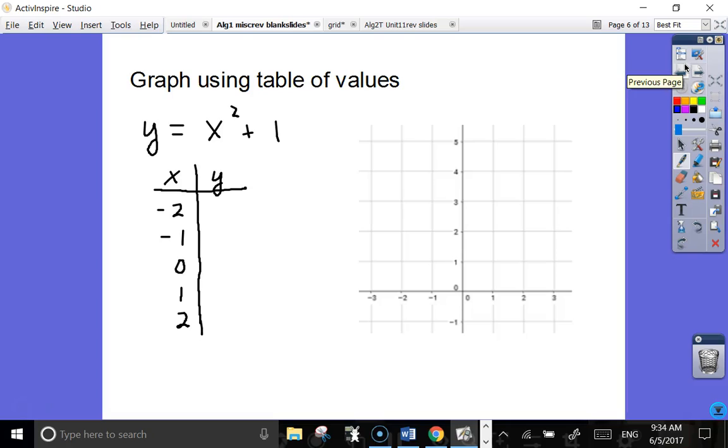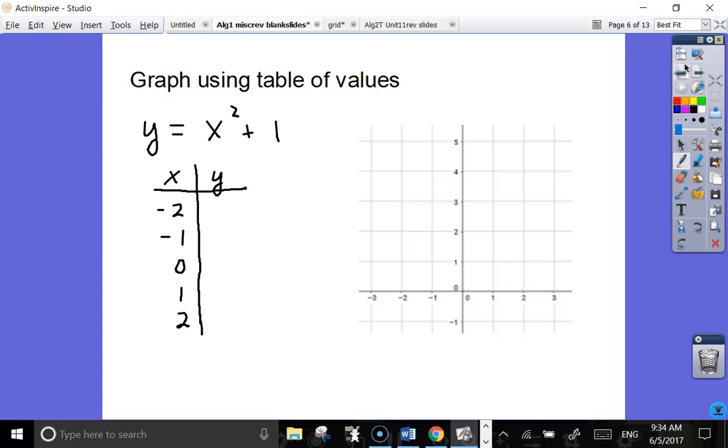Graphing a parabola by making a table of values. Now, we only did this if it was x squared plus a number, or x squared minus a number, right? We didn't do this when we got into the next section where we were finding the axis of symmetry and all that stuff. And every time we did it with these, we should have been using the table of values with x values of -2 to +2.